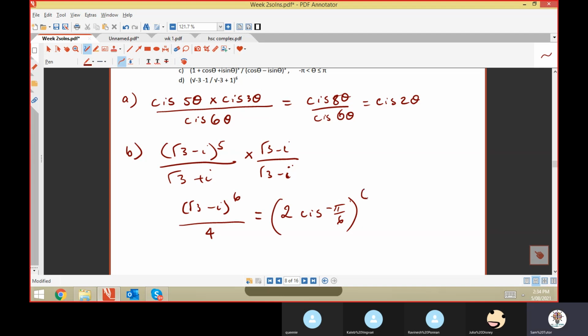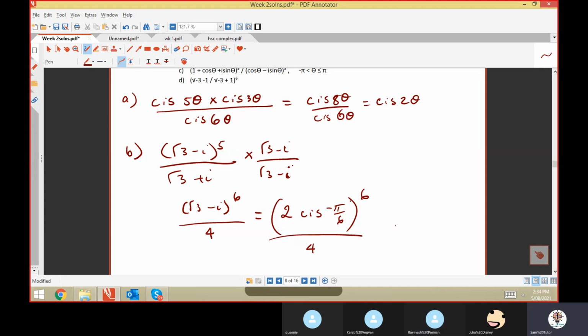Just double check that, Rav, in case I did the inverse tan bit wrong. So you did inverse tan, 1 on root 3, and it gave you 30 degrees? Yeah, it should. Yep, and then negative.